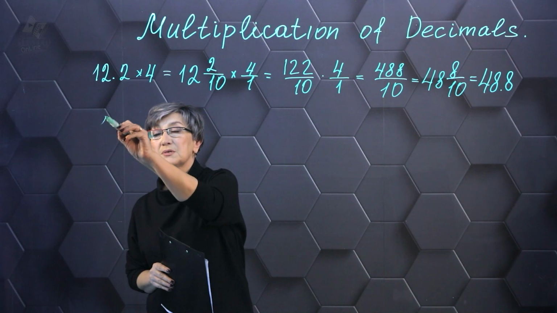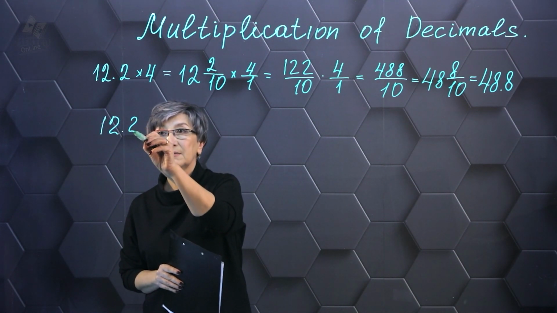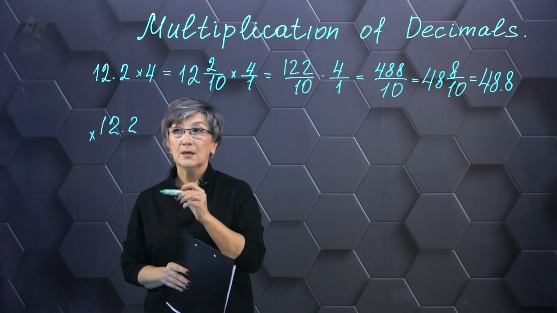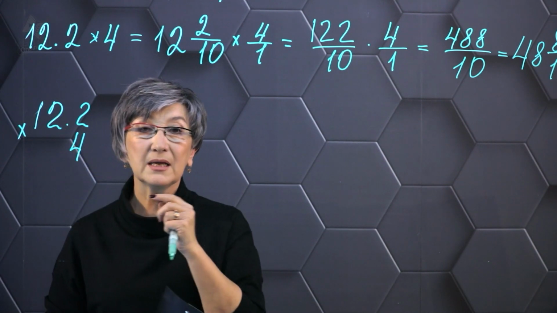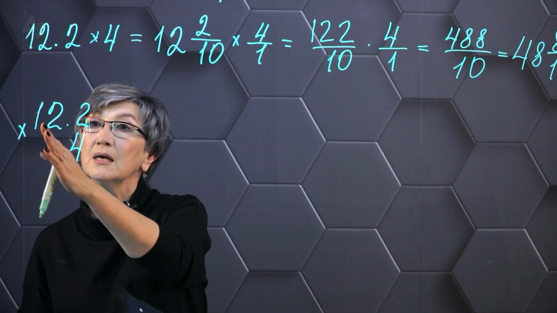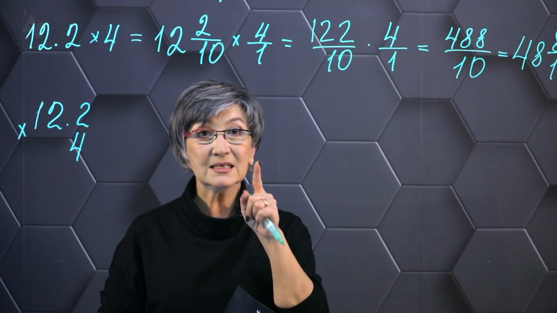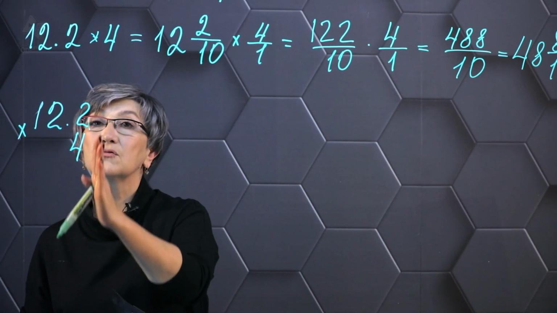So how do we write this down? Of course, I'm going to write down 12.2 times 4. I wrote it down ignoring the whole part and the fractional part. That is, I align my notation on the right side.